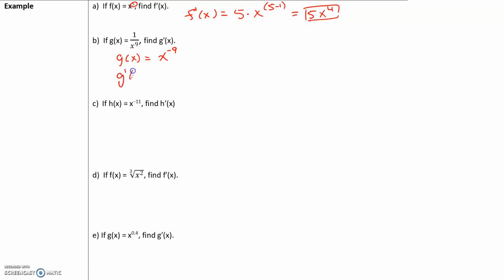Now for the derivative, the negative 9 is going to come to the front, and then we subtract 1 from it. We always subtract 1 from the original exponent. Negative 9 minus 1 is negative 10. So this gives us negative 9x to the negative 10th. And we have to write our answer using only positive exponents. So this equals negative 9 over x to the 10th.